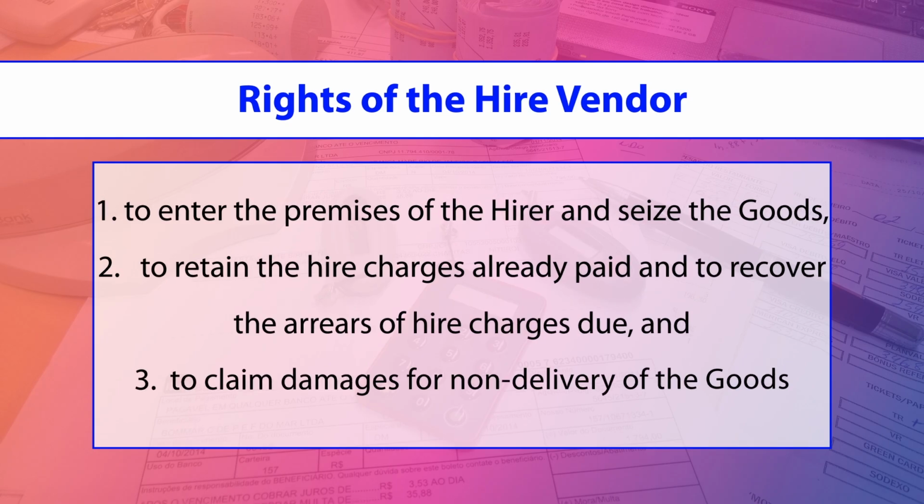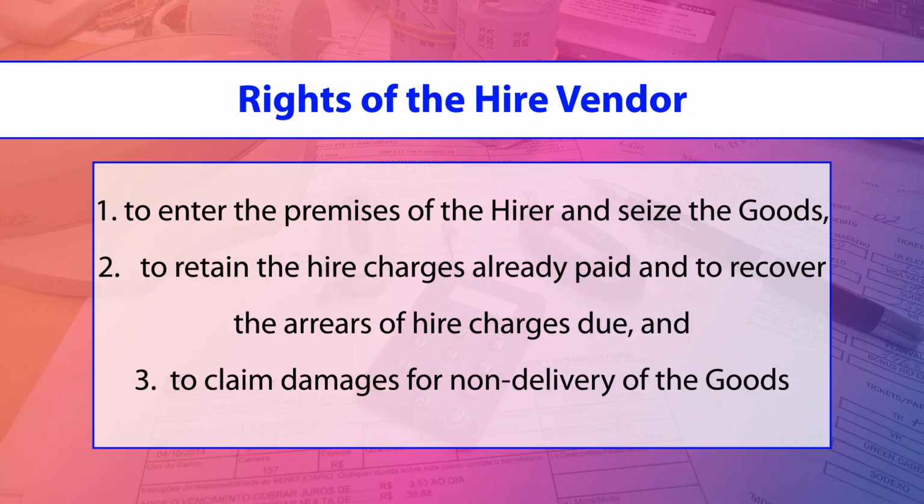The first one is to enter the premises of the hirer and seize the goods. If the hire purchaser does not fulfill his commitment, the hire vendor has the right to enter his premises to seize the goods.